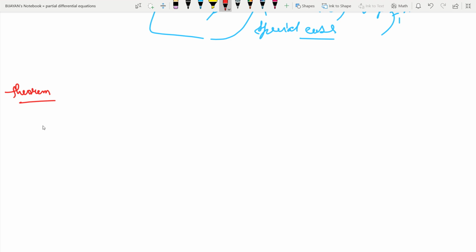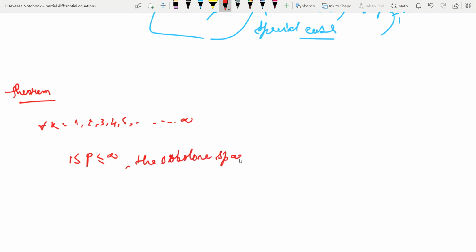For all k and 1 less than p less than infinity, take this case of the Sobolev space W^{k,p}.